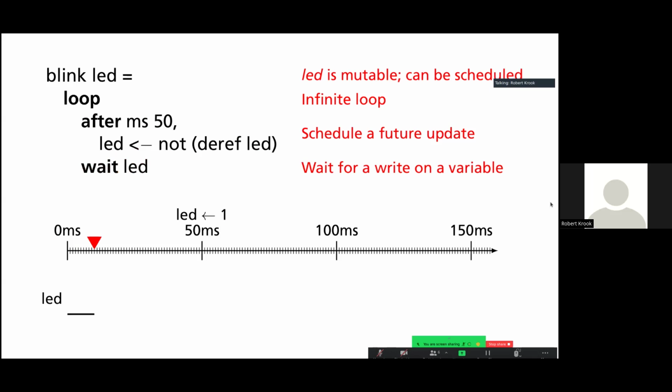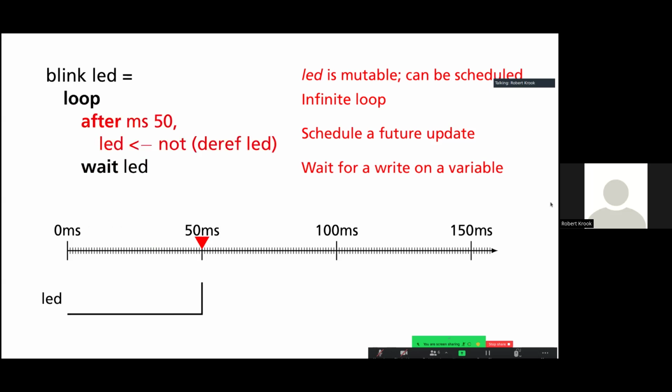Okay, so at this point, the program suspends. Time elapses, and at 50 milliseconds, we put the update into an event queue, and it knows, okay, we're now at 50 milliseconds, let's update the value of that variable. That wakes up the wait instruction, sends it around the loop, and tells it to schedule the next one.